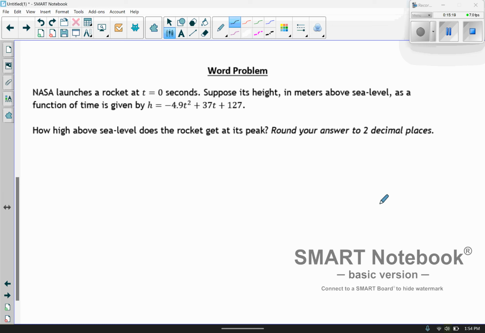Okay, so what's going on here? I'm going to draw a little picture so we can see this. The x-axis is actually going to be my time, and the y-axis is going to be the height.